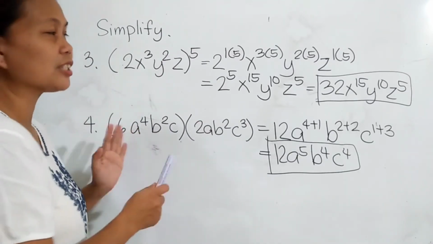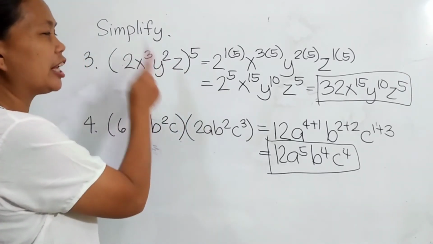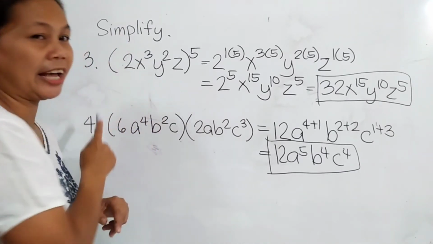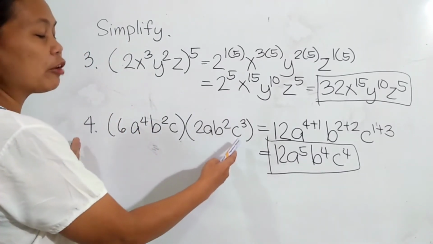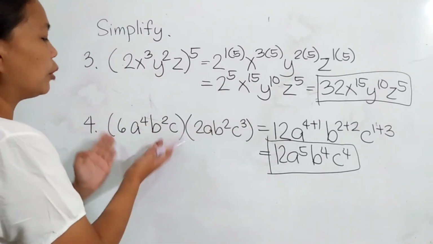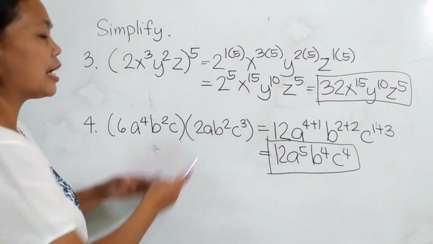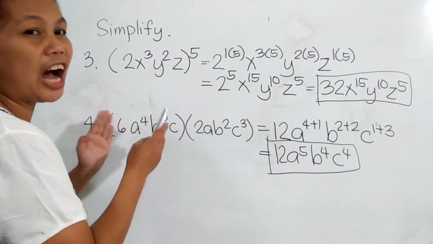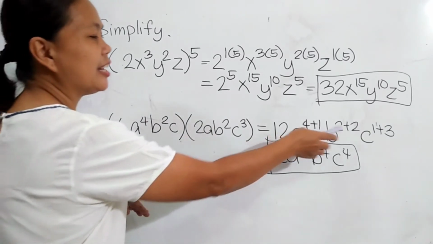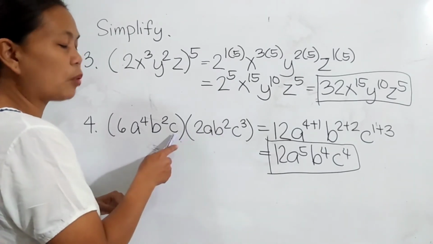So we will multiply the exponent if we have the exponent outside the parentheses to each of the exponents of the variables and the numerical coefficient inside the parentheses. But for this particular example number 4, it means that we are multiplying a monomial by another monomial and there's no exponent outside the parentheses. It means that we will just simply add the exponent of the same base. So that's why we add the exponent of a, exponent of b, and exponent of c.